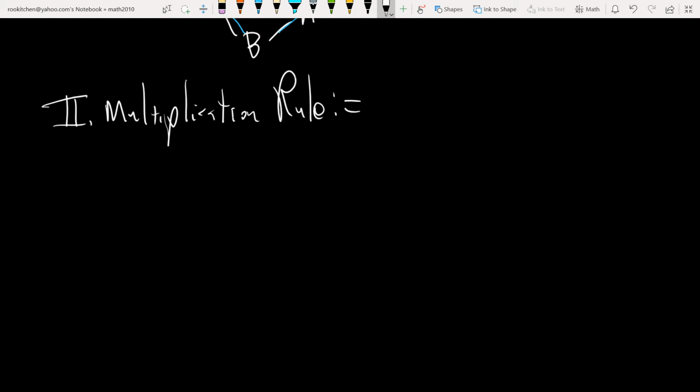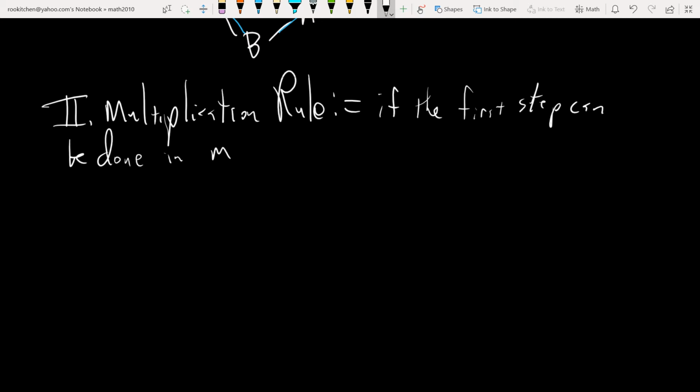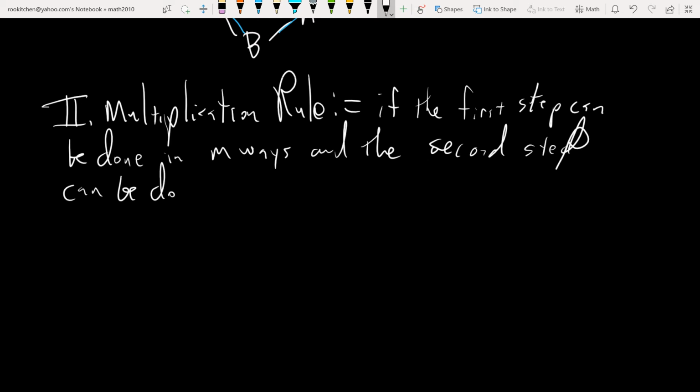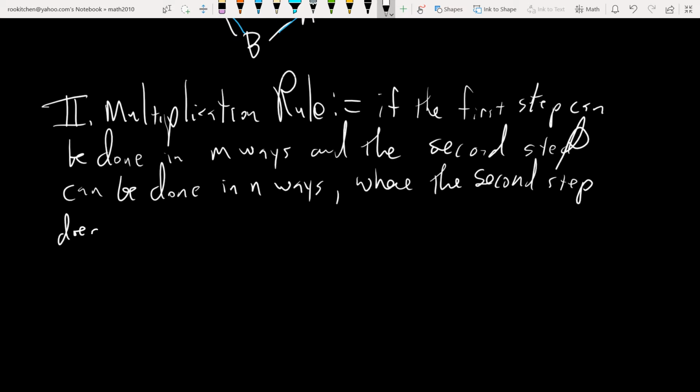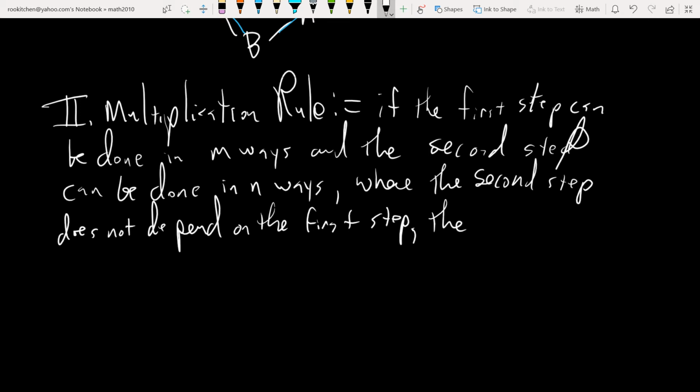Okay, so I want to write it in kind of a shorthand way. I'll say if the first step can be done in m ways, and the second step can be done in n ways, where the second step does not depend on the first step, this is not the shortest way to explain this, but oh well.